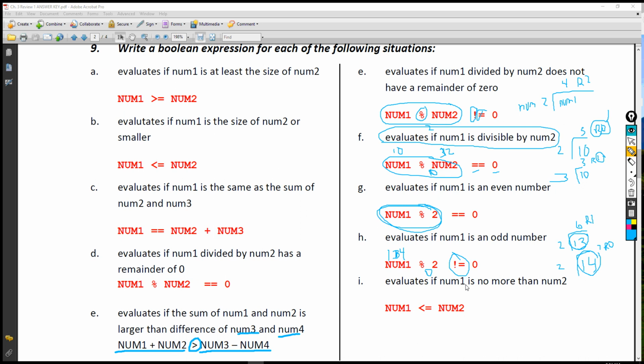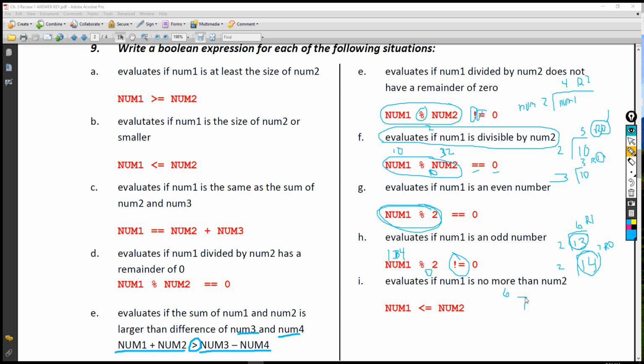Okay, evaluates if num1 is no more than num2. Okay, let's take this num2 again and make it 7. So is num1, so you take the left side. Okay, is 6 no more than 7? Well, that's true. It is no more. It's not more than 7.